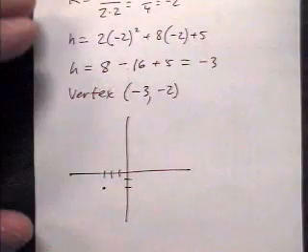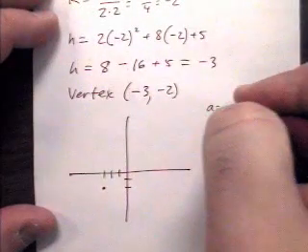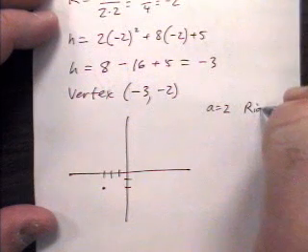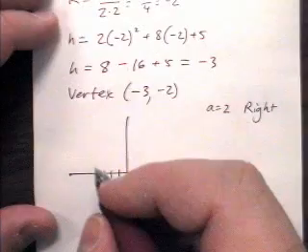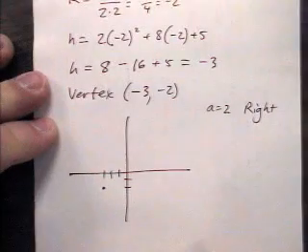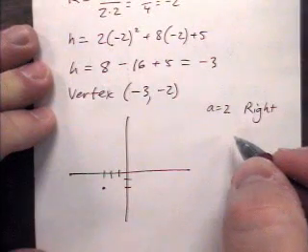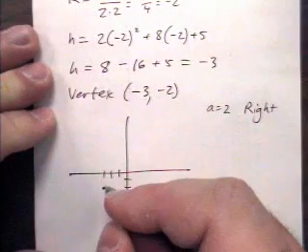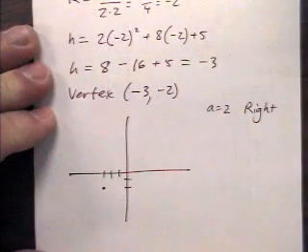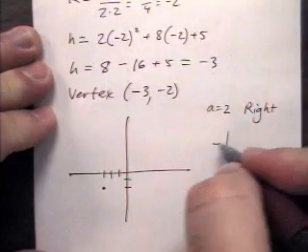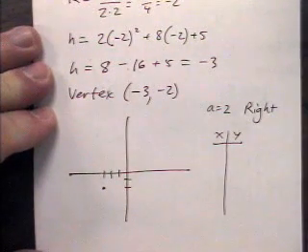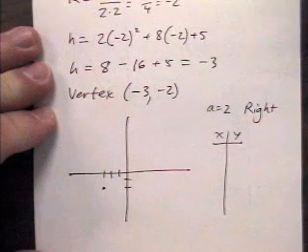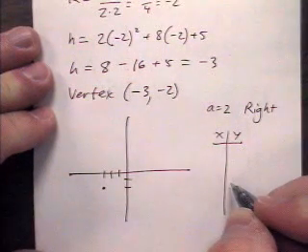This has a positive a value, right? Since a is 2, we are talking about opening to the right. So if I was just going to draw you a quick chart, we're picking y values instead of x values, right?